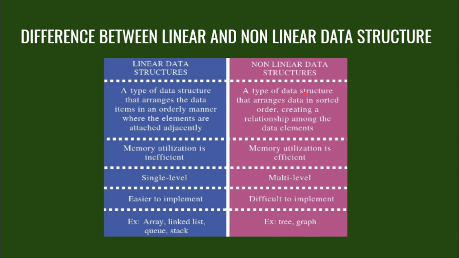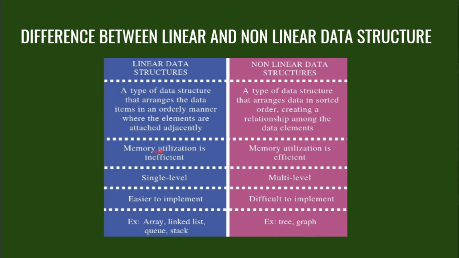In non-linear data structure, the data are arranged in a sorted order, creating a relationship among the data elements. So the elements are arranged in such a way that the order in which the data is stored will have some meaning in the arrangement. In the case of linear, it is just like chronological order. As it comes, it will be stored.